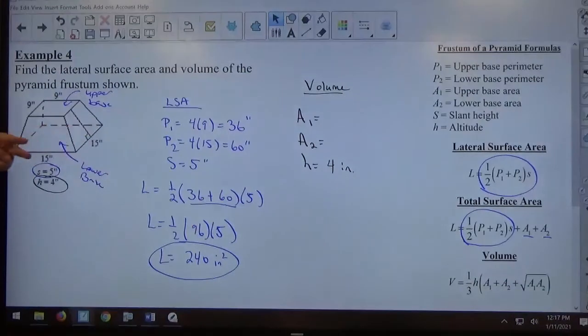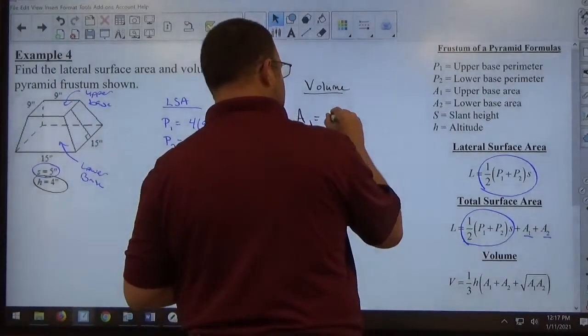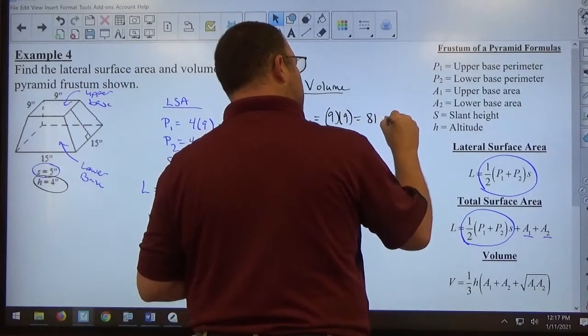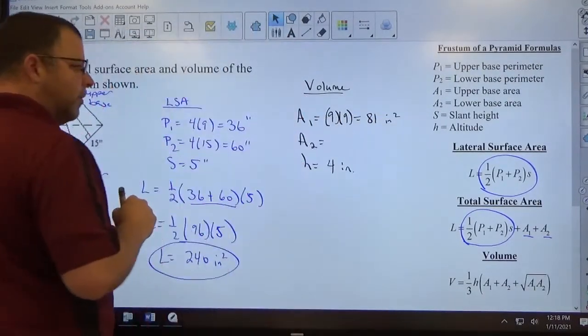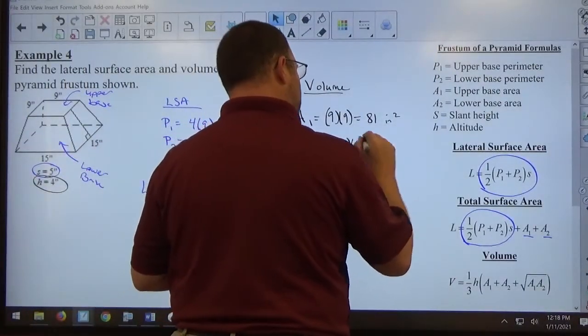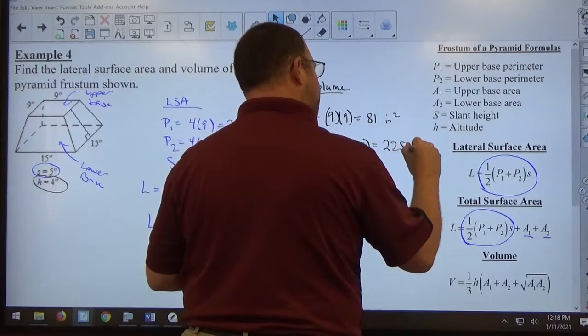The top and the bottom area, once again, we're dealing with a square. Area formula for a square is length times width. So 9 times 9 for the top, which is 81 square inches. And 15 times 15 for the bottom, which is 225 square inches.